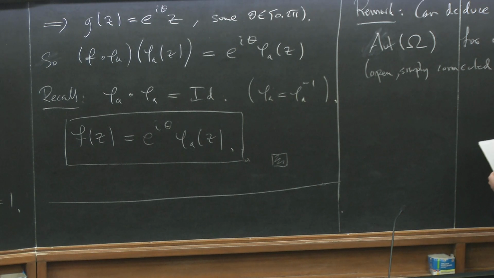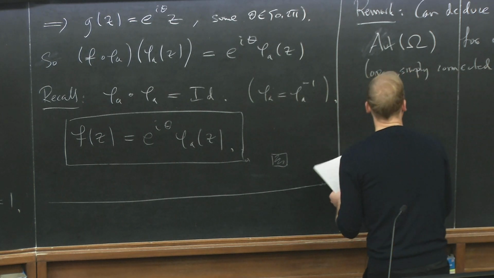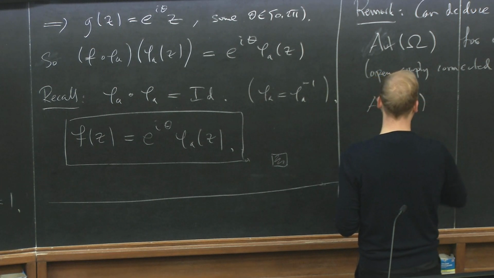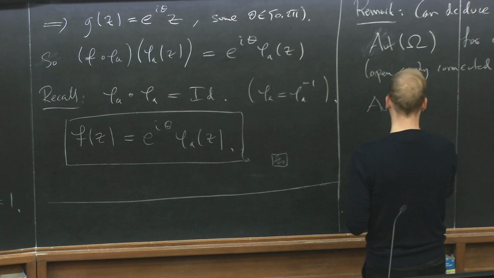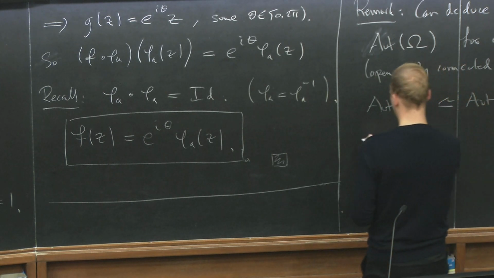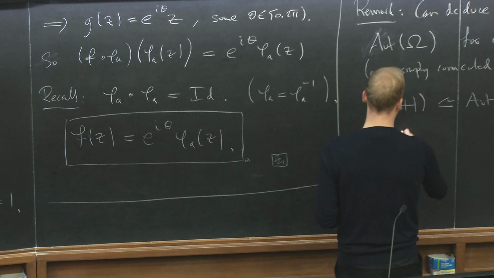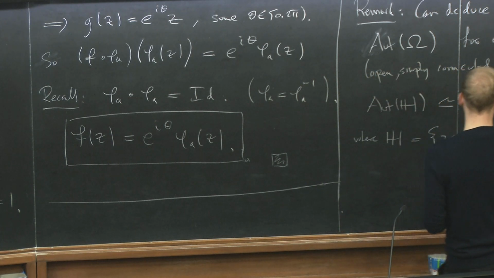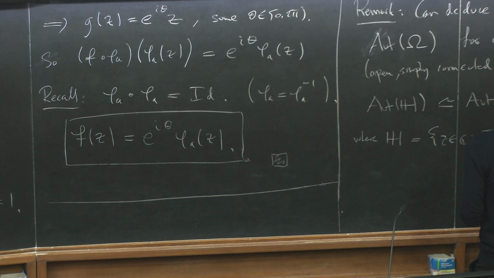And I will give an example of what I mean. We can see that, in fact, the automorphism group of H is isomorphic to the automorphism group of D, where H is just the open upper half plane. So it's the space of z whose imaginary part is positive.